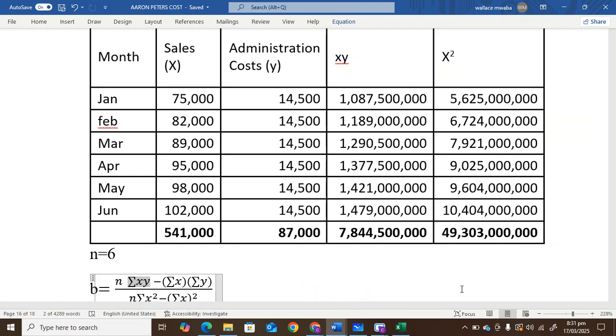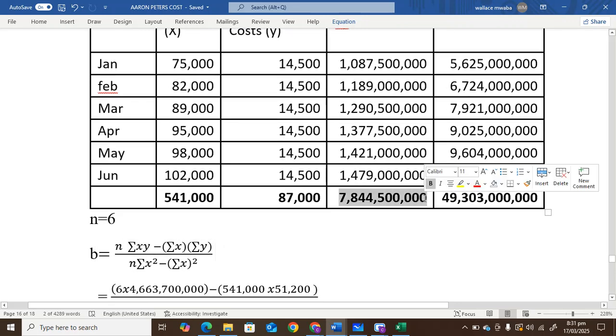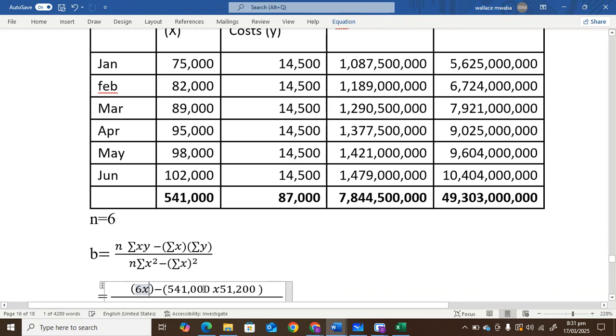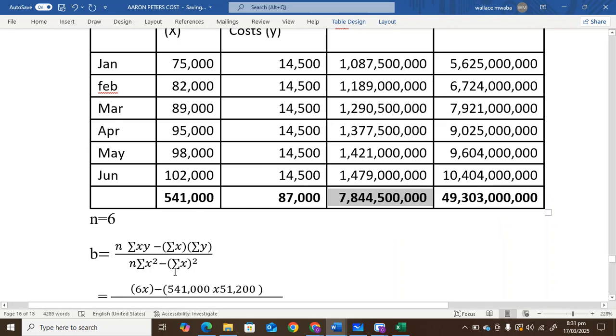Sum of x and y, which is 7 million, not 7 billion, right? Yes, thank you, madam. Because once you can interpret the formula, then life is easy.